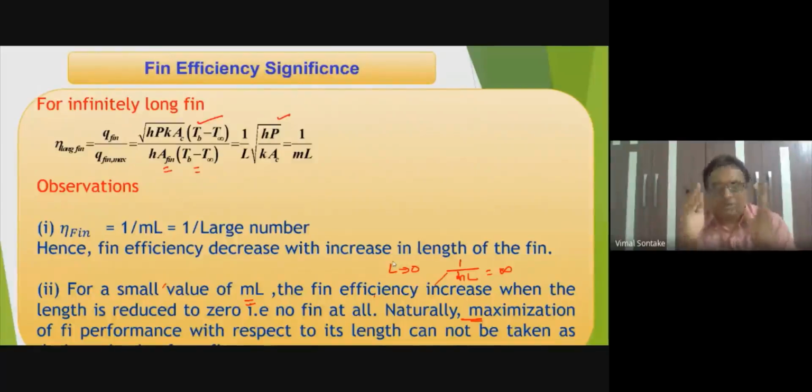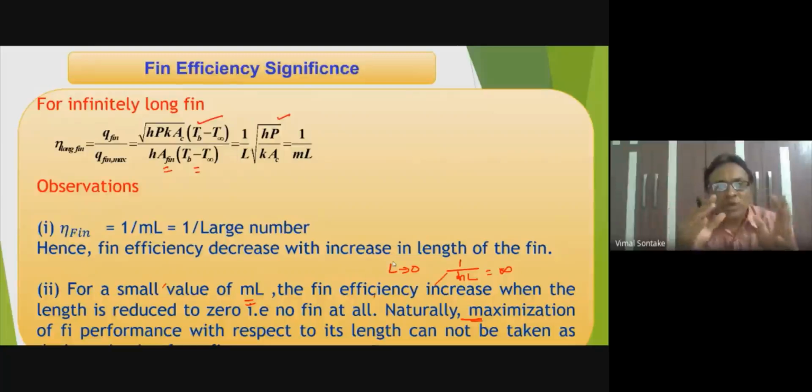Now what happens? In order to enhance the heat transfer rate from the base surface, we provide some fin of finite length, that is L. But from the expression of the fin efficiency, it can be concluded that fin efficiency will be maximum when the length of the fin is reduced to 0. That is, no fin at all.